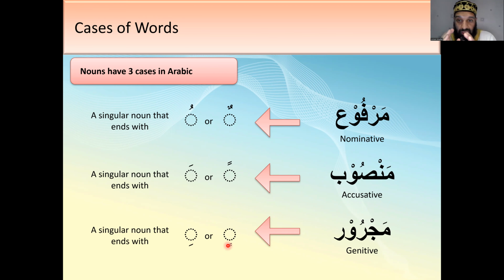You add an aini at the end, and that is a dual way of saying it in mansub or majroor. They're both the same. That's the easy thing. They're both the same. And here, ina is a plural way of saying the same thing, but in the mansub case or the majroor case.